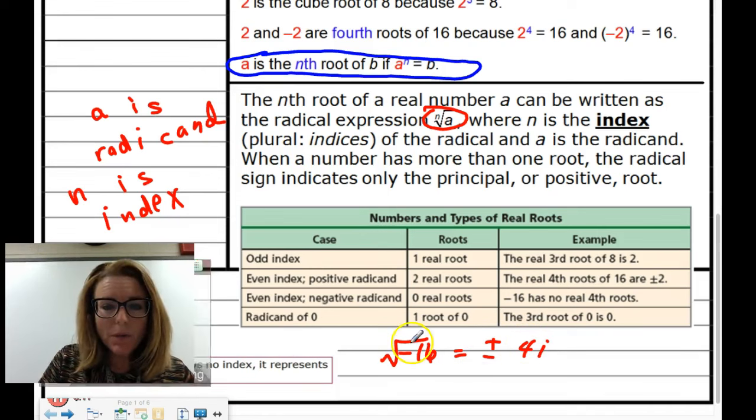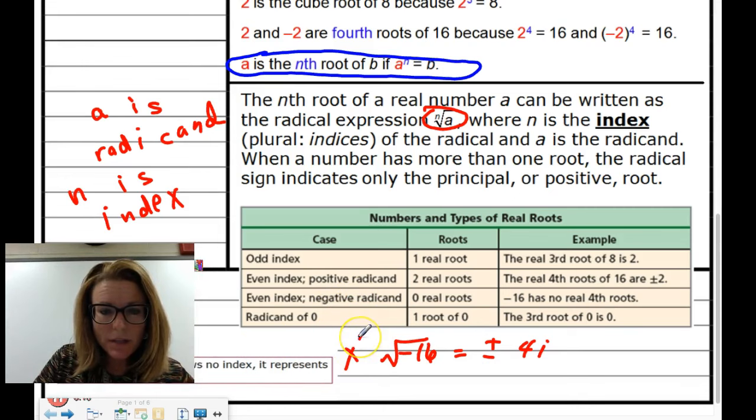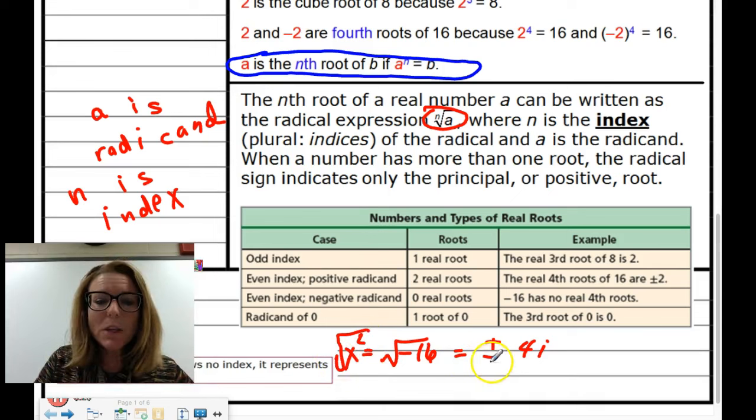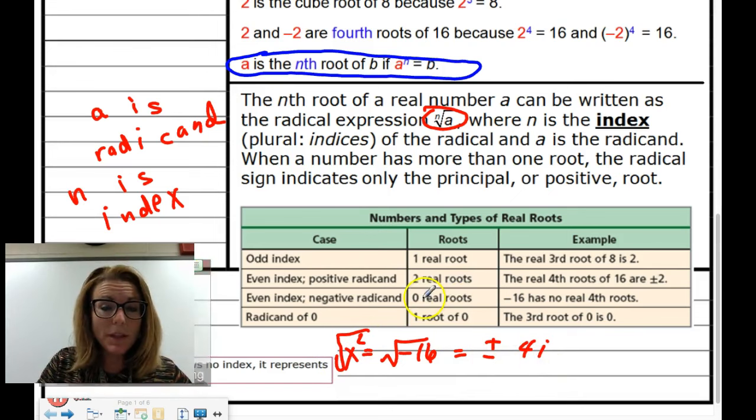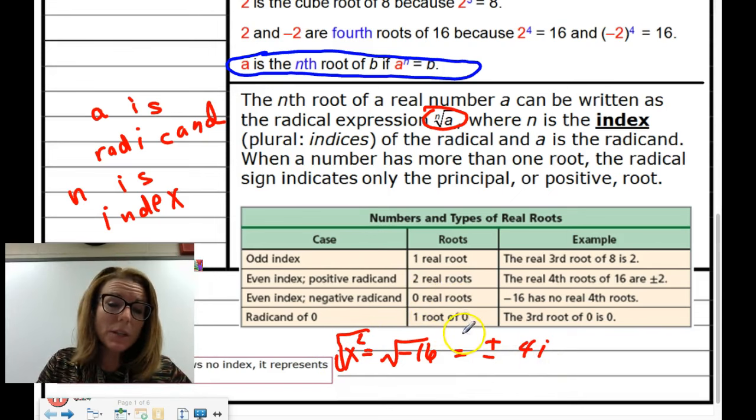If we were solving x squared equal to that, take the square root of both sides. So plus or minus 4i, that's not a real root, that's why that's 0. When you have a radicand of 0, there's one root and it's 0.